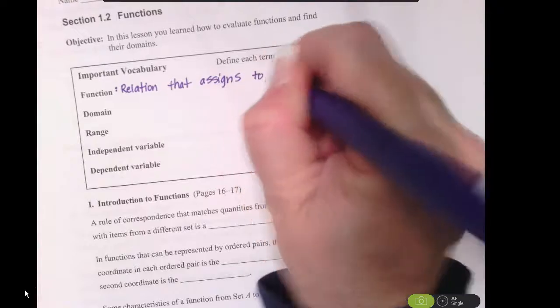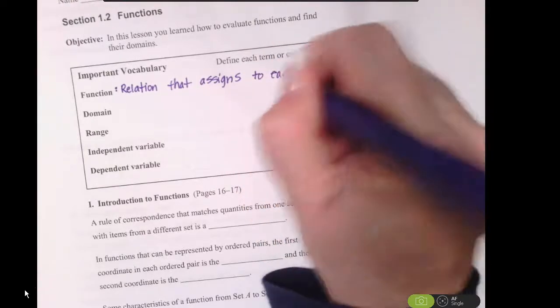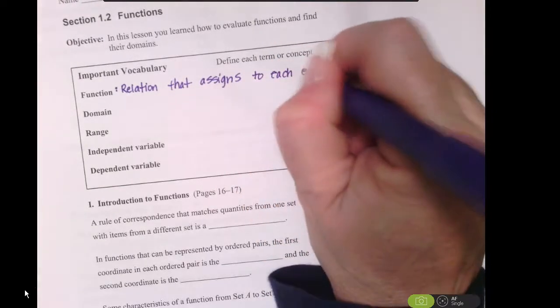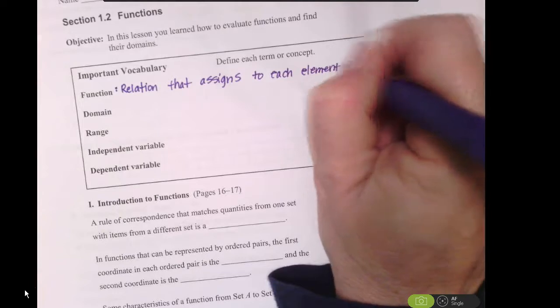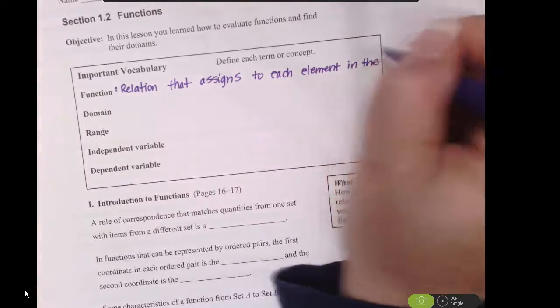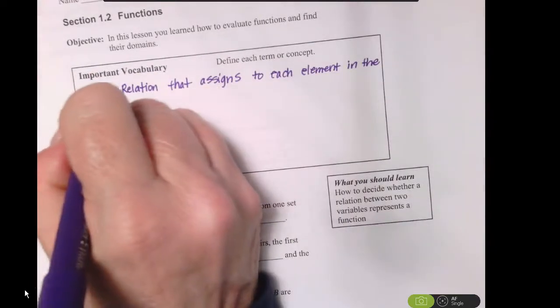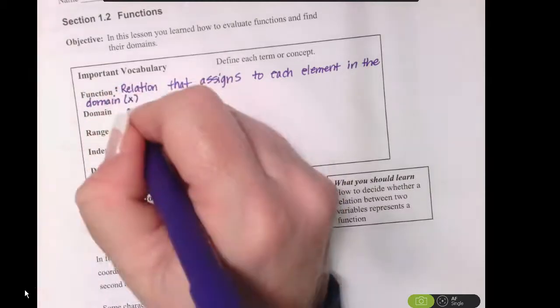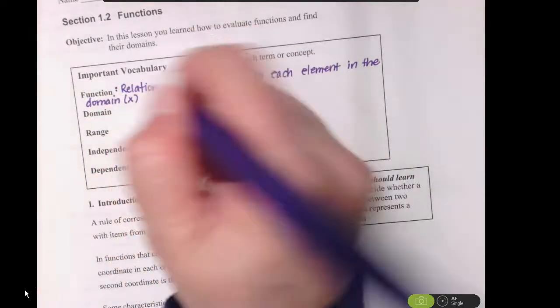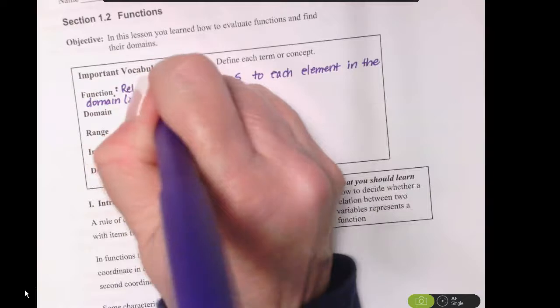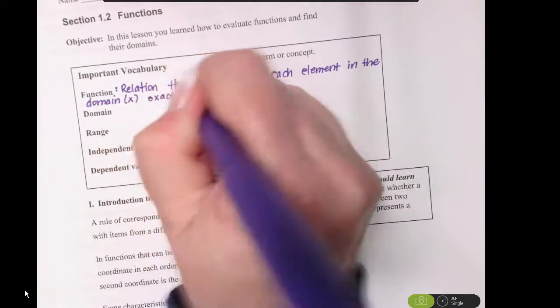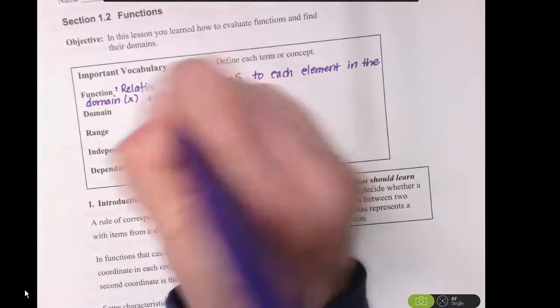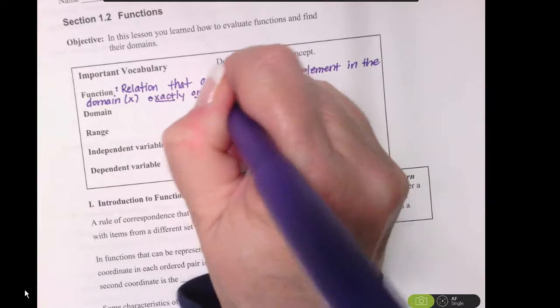Let's see, to each element, instead of x and y, I'm going to say to each element in the domain exactly one element in the range.